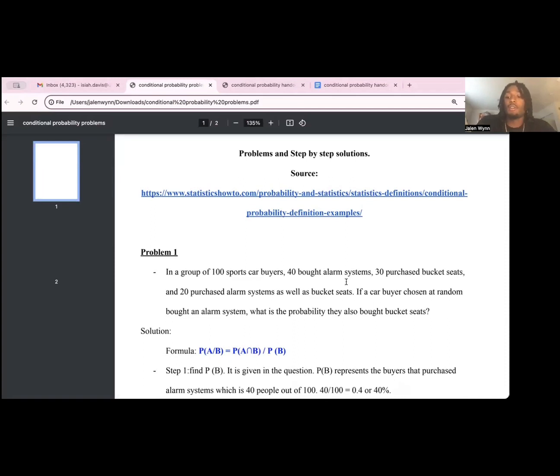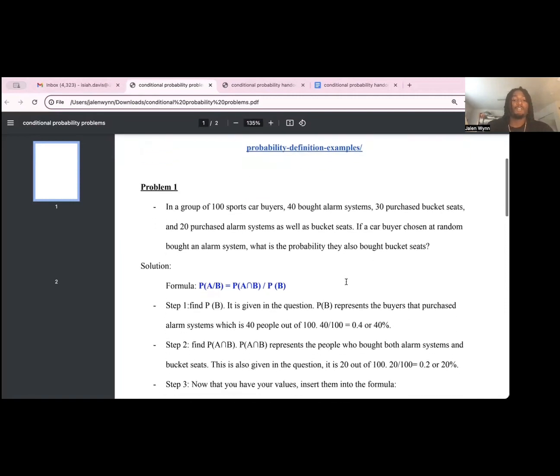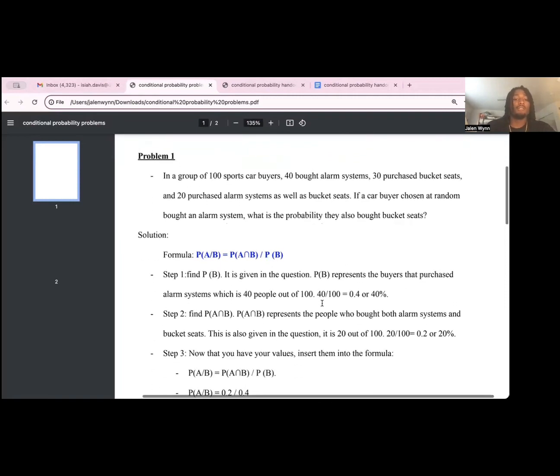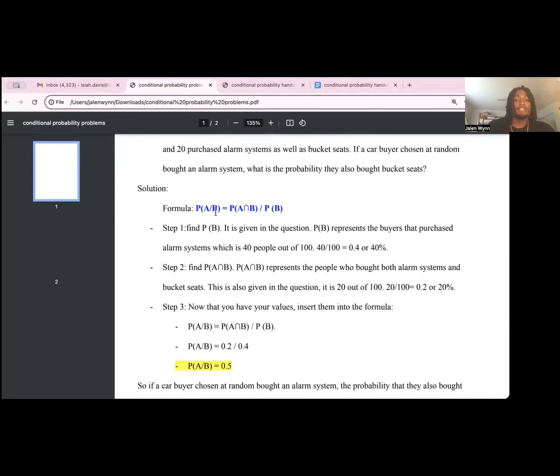If a car buyer chosen at random buys an alarm system, what is the probability of them also buying bucket seats? So of course at the top, this is the formula. Step one: find B, which is given.